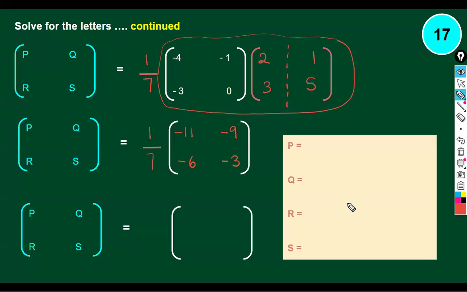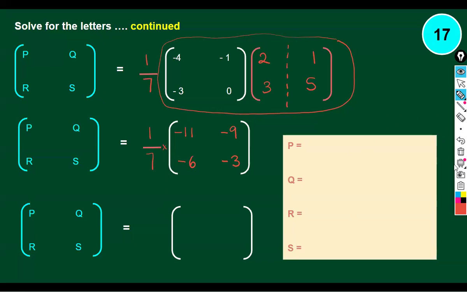Almost finished. Don't worry, guys. What do you all think the last step is? What do you think we're going to do with that 1/7? We have to multiply every one inside there by 1/7. But multiplying by 1/7 is the same exact thing as what?